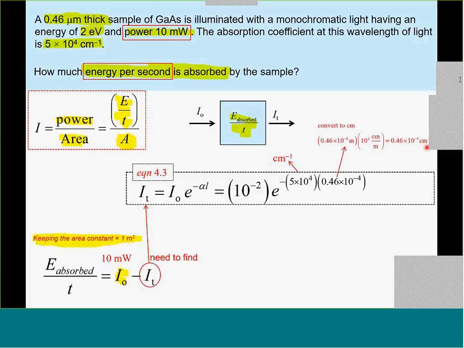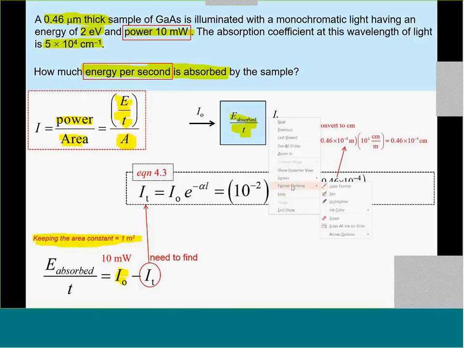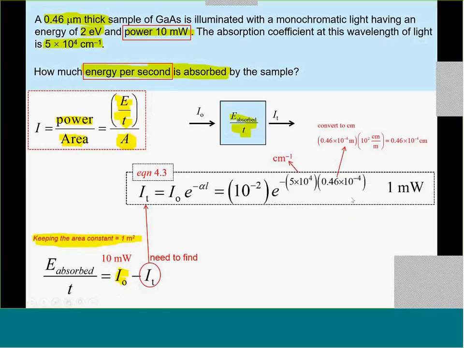So just plain mathematics. You can get that your I transmitted equals 1 milliwatt. So 10 milliwatt minus 1 milliwatt. So we get the amount of energy absorbed is equal to 9 milliwatt.